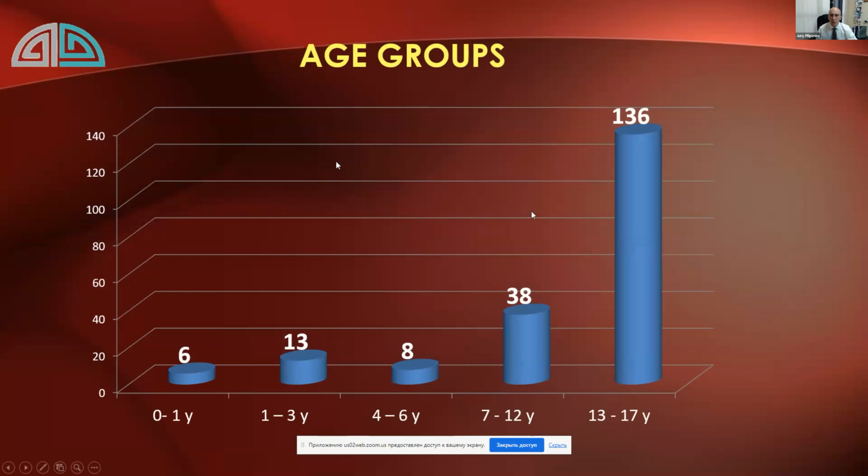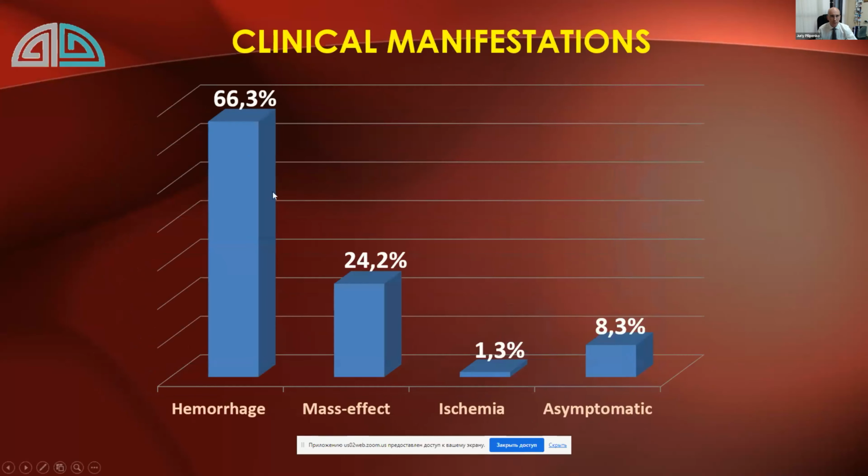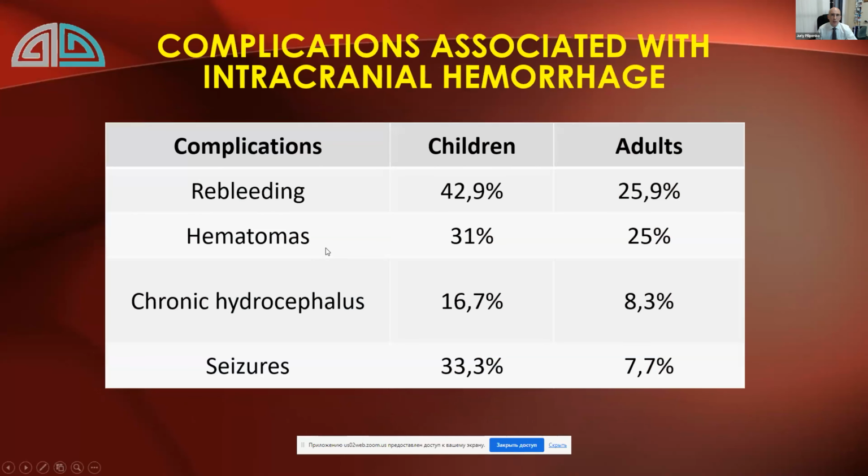Of course, the majority of patients were adolescents, but sometimes we found this in newborns and in the first year of life. The clinical manifestation more often was hemorrhage, and the complications associated with hemorrhage, rebleeding, occurred twice as often in children than in adults. Also chronic hydrocephalus and seizures are more typical for children.